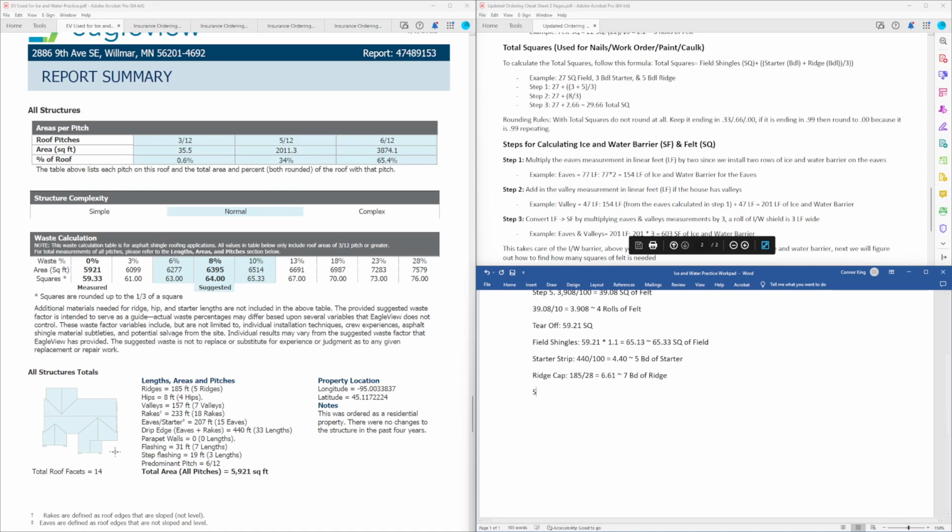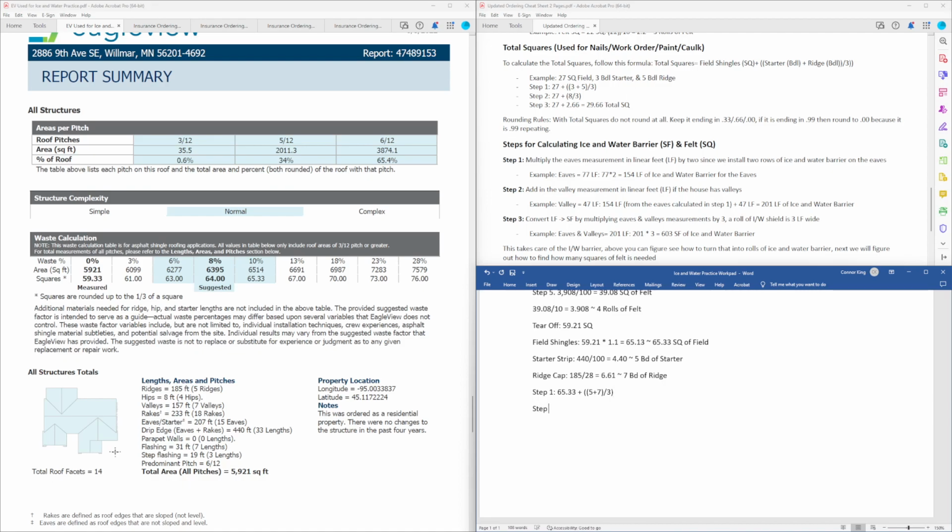So we're going to take step 1. We're going to do 65.33 plus our starter, which is 5, plus 7 our ridge. Then we're going to divide that by 3.